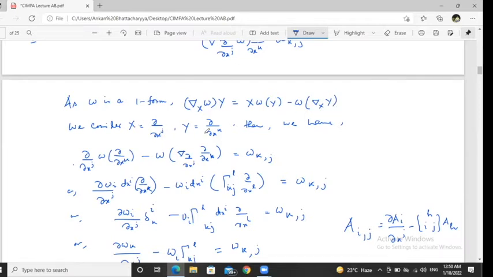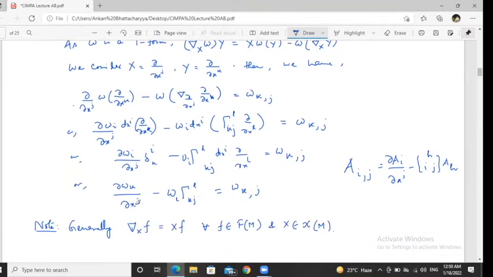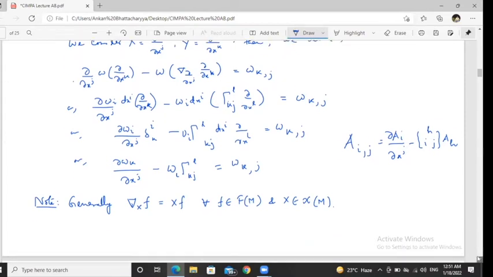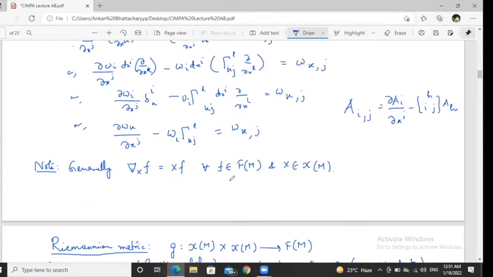And if we consider this vector field X as ∂/∂x^j and Y as ∂/∂x^k, only the basis vectors, then if we put it in this way, we are getting this expression, which is actually the covariant derivative of a covariant vector. Okay, so it resembles that one. Now, generally, ∇_X f is denoted by Xf for all f belonging to F(M) and X belonging to χ(M).